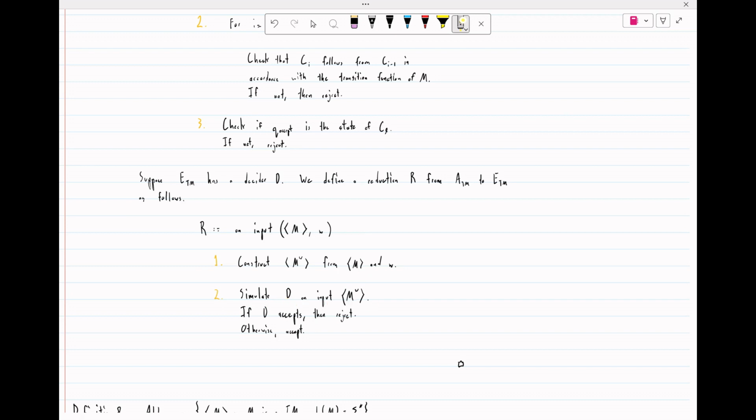And then we simulate D, our decider for ETM, on this encoding of the Turing machine that we just constructed. If D accepts, what does that mean? It means that the language of this Turing machine was empty.